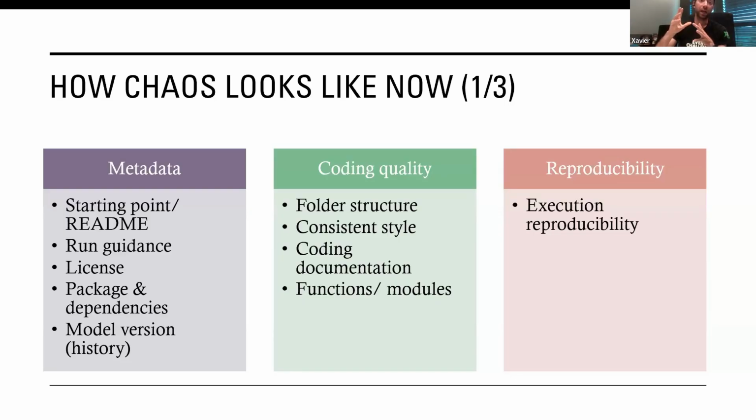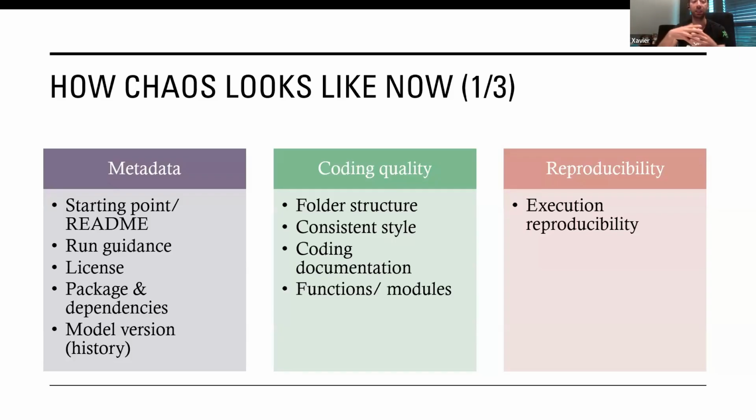And now back to the different categories. In the metadata, we focus on the aspects of having a README file, run guidance, license, a documentation of the package and dependencies, and documentation of model version and the history of the model.